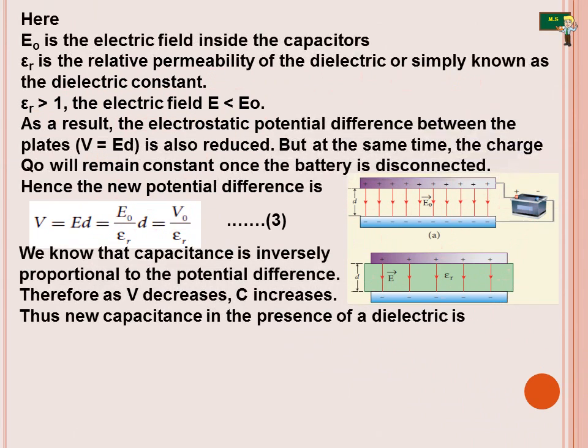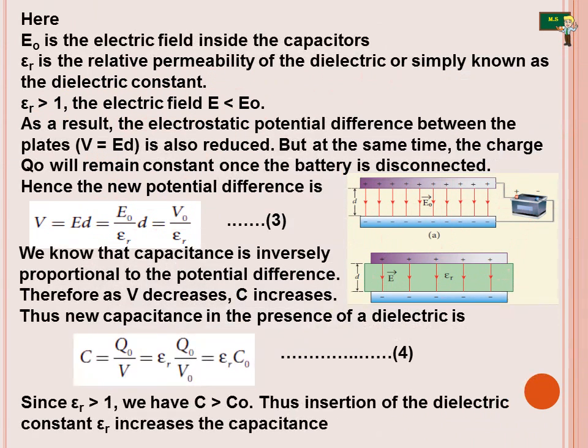Thus, the new capacitance in the presence of the dielectric is C is equal to Q naught by V, which is Q naught divided by V naught by epsilon R. We are replacing V here.